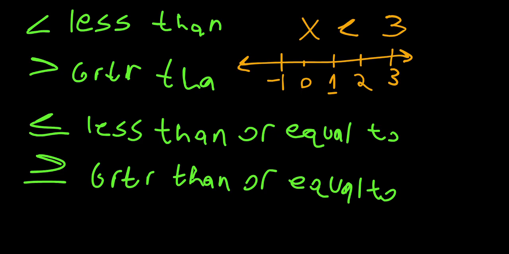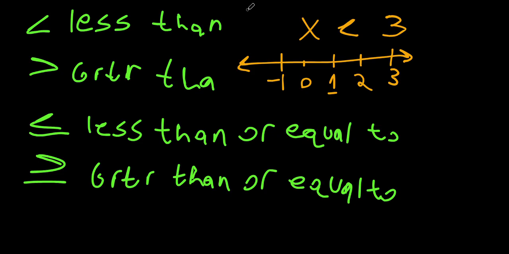What x is less than 3 means is that x can be any value that is 2.99999 on and on, repeating, or smaller. Every number this way, 2, 1, 1 half, 1/8, so on. Every real number headed in this direction, stretching on and on and on. Okay, so that's what that means.